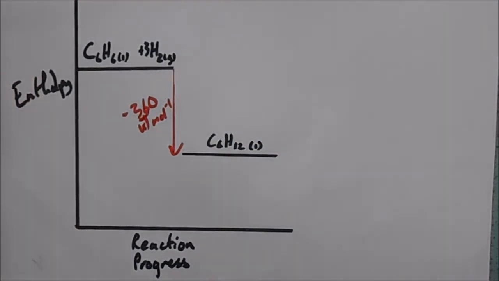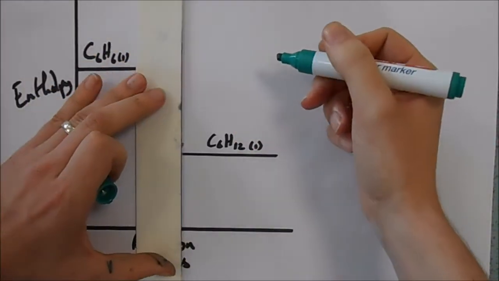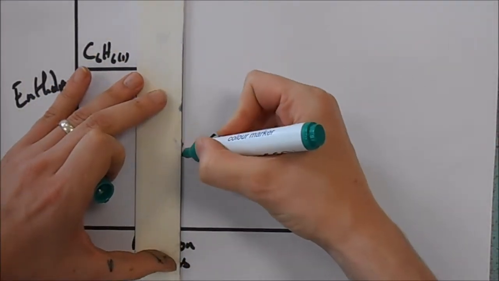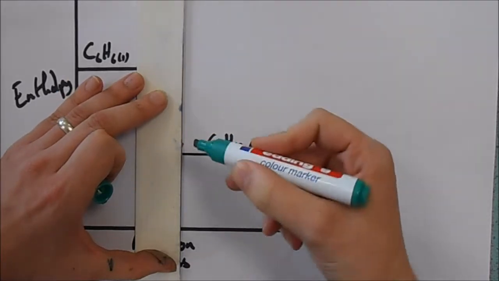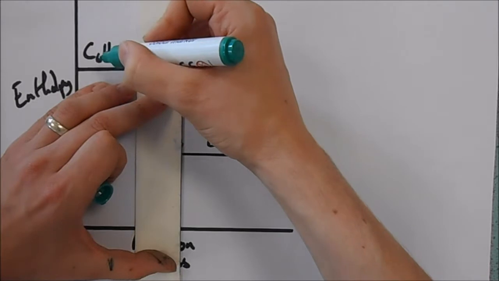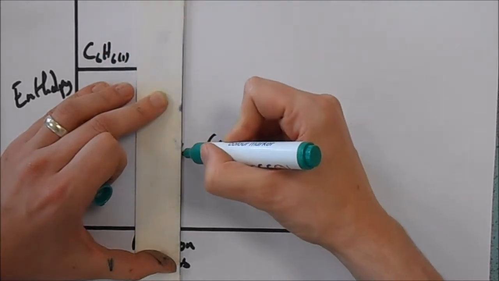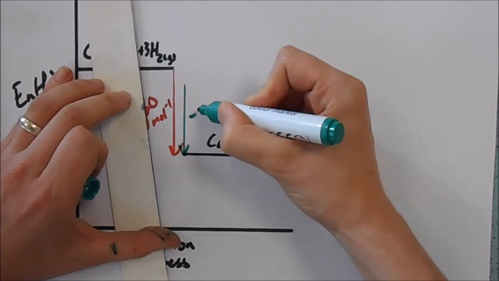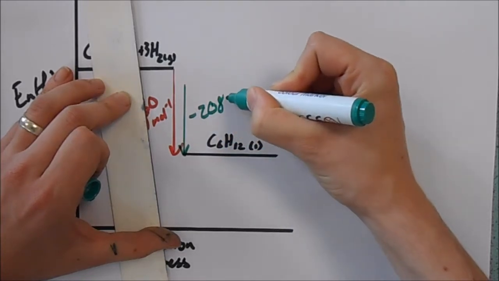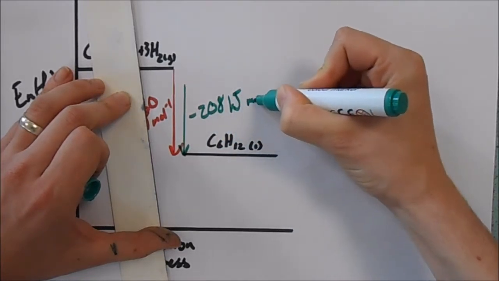We actually find that we have a value of minus 208 kilojoules per mole, which is less. So if we draw that on here, we know that cyclohexane is at this energy level. It's this one that we're not sure of the structure on, so we're going to assume that this is in the same place. We have less of a change there, minus 208 kilojoules per mole.